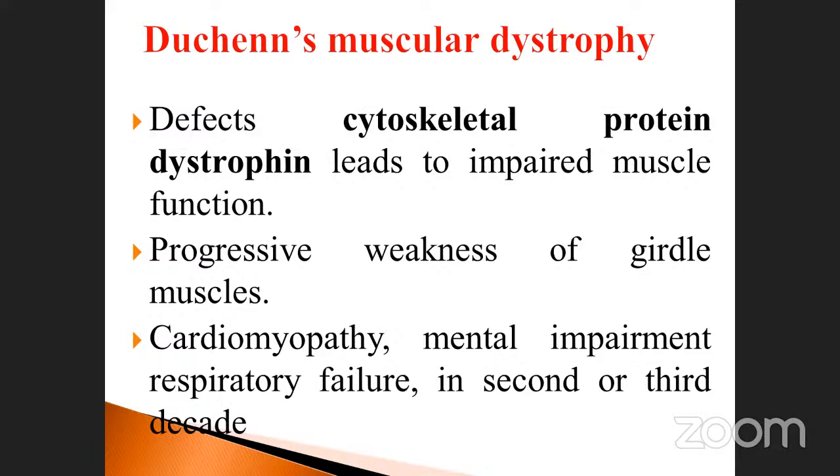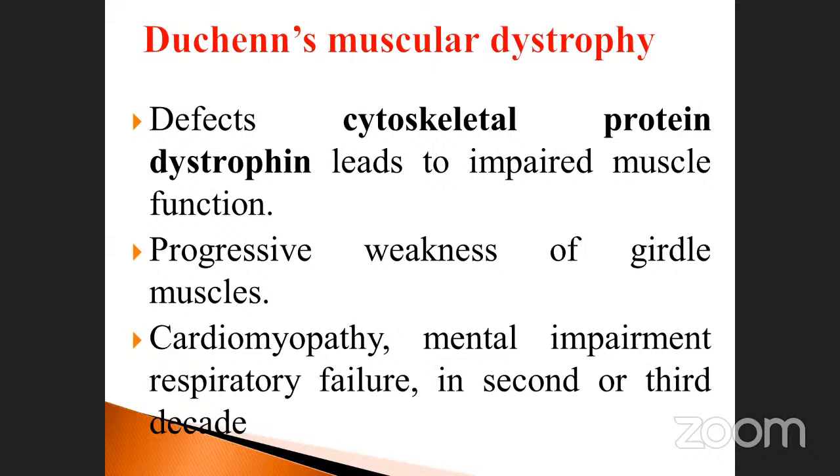So why am I telling this? Muscular dystrophy means, due to some disease, a chromosomal disorder or gene disorder, the muscular protein will be defective. That is the reason. See here, in Duchenne muscular dystrophy, the defect is in the cytoskeletal protein molecule called dystrophin, leading to impaired muscle functions.